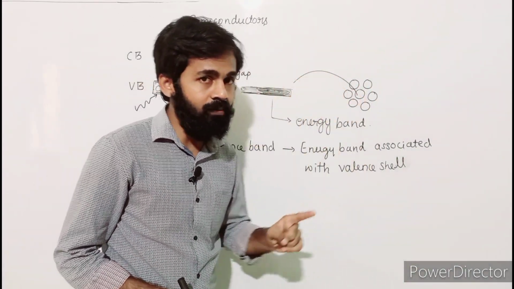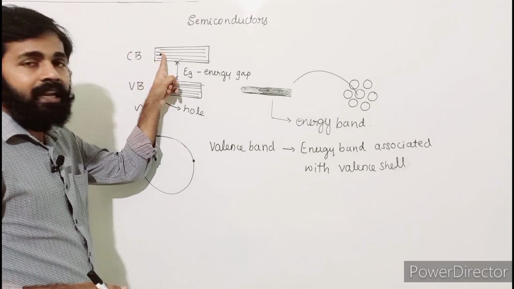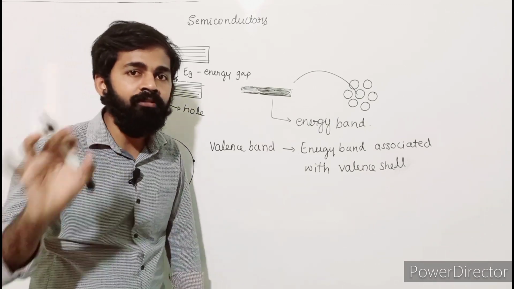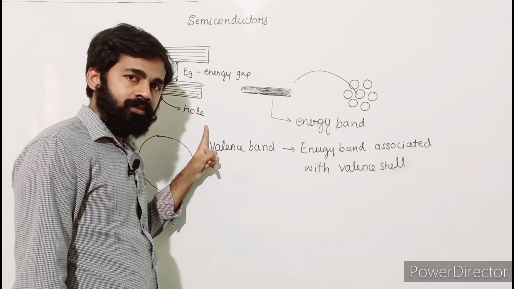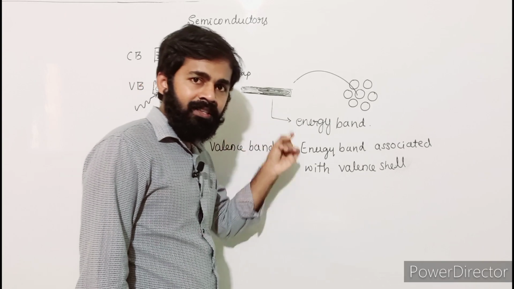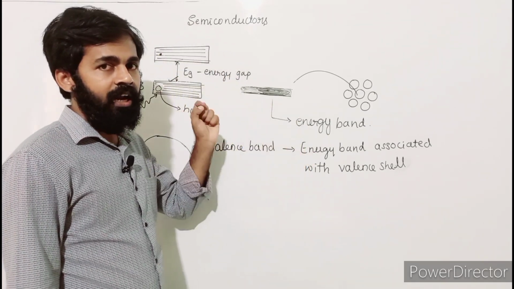Remember, in the conduction band we have free electrons, they can move anywhere. In the valence band we have holes. In the next session we will see the classification of solids based on energy gap.